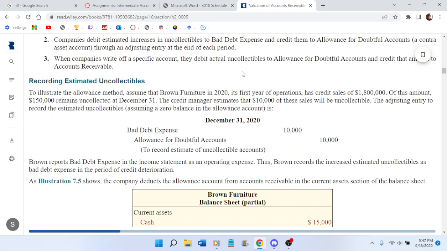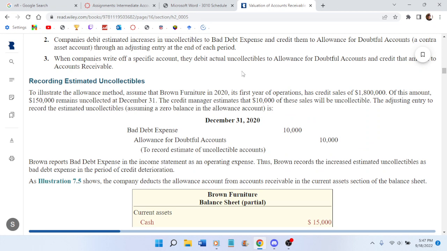They have this many credit sales, $150,000 remains uncollected. And then $10,000 of those uncollected sales will be uncollectible.